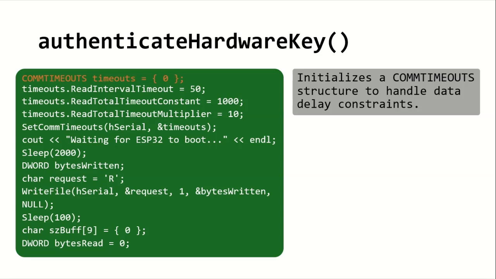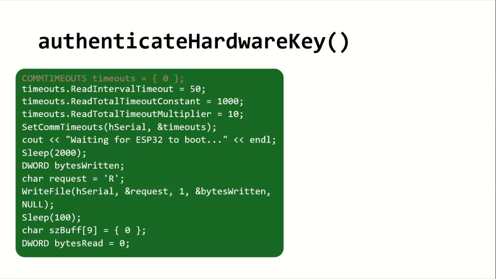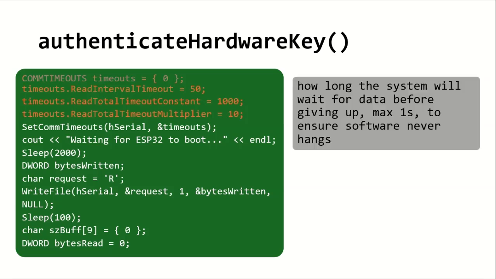The first timeout is the read interval timeout. We set the read interval timeout to 50, which is 50 milliseconds. The read total timeout constant is 1 second, the maximum time to wait, and the multiplier is set to 10.